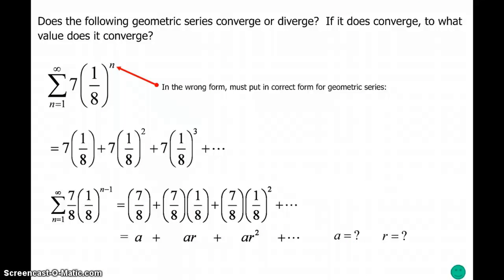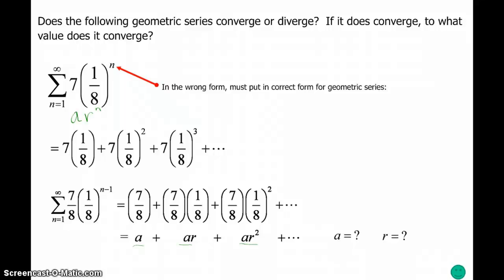The only wild card or kicker here is if you find yourself with your nth term in an incorrect form. You're going to have to work on it, and put it in the correct form before you can determine whether it converges or diverges. You need it in the form of the first term is a, the second term is a times r, the third term is a times r squared.